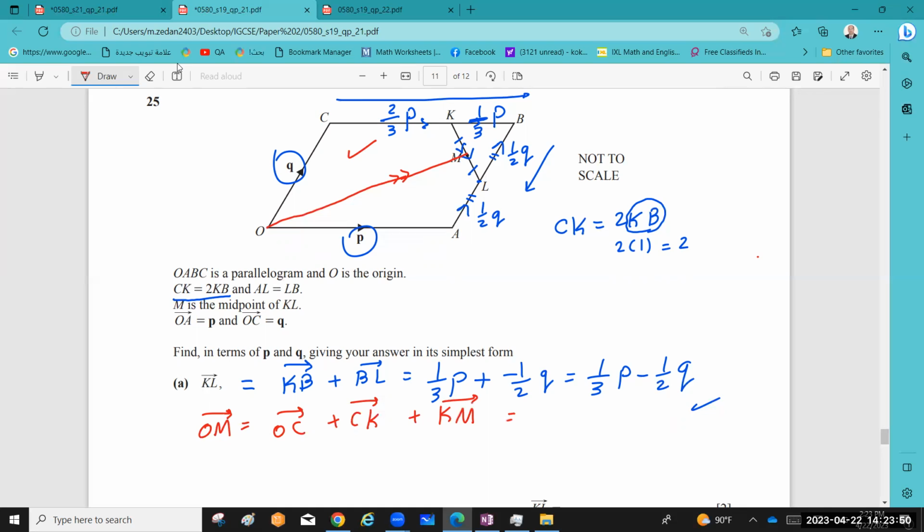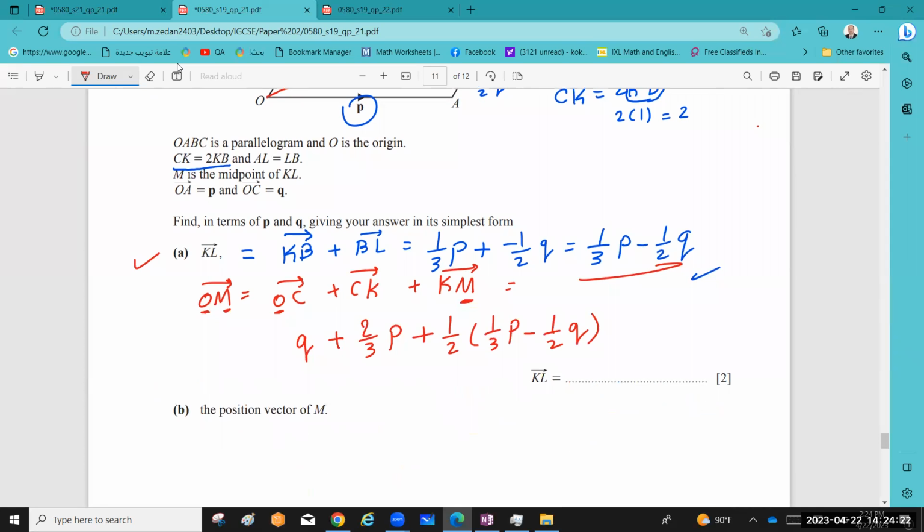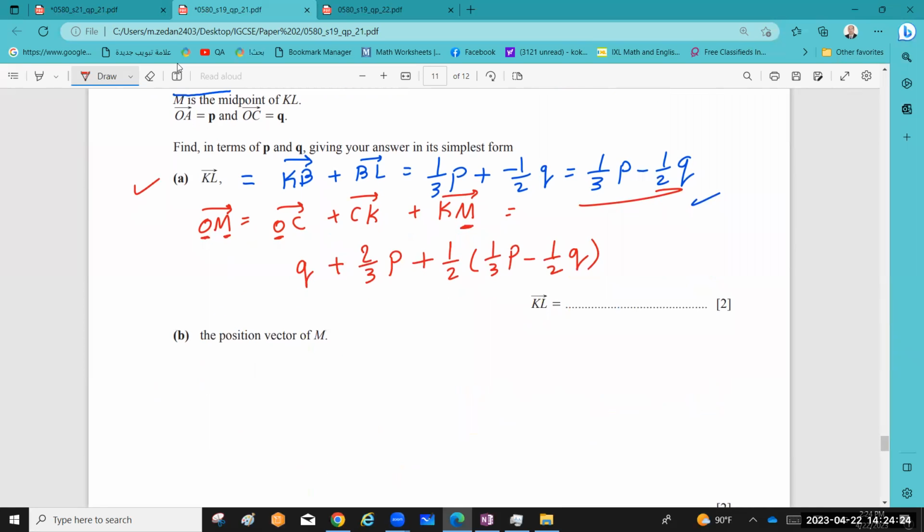You have to start with the vector O and end with the last vector, M. So OC is Q, plus CK is 2/3 P, plus KM is half of KL, and KL we already did in the first part: 1/3 P minus 1/2 Q. Just simplify this using algebra. This is the position vector of M.